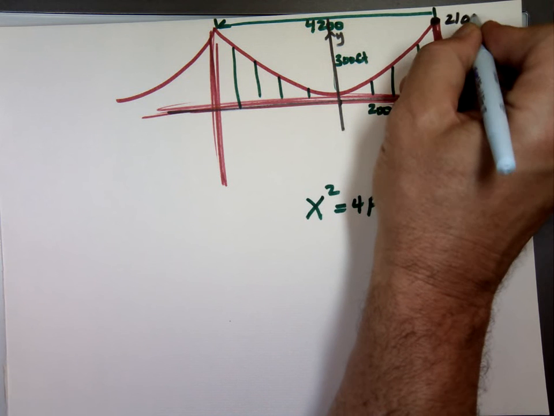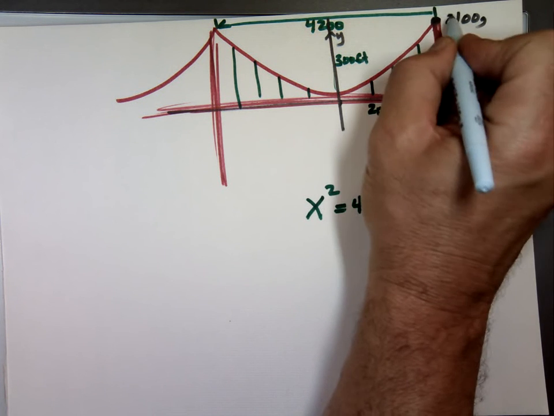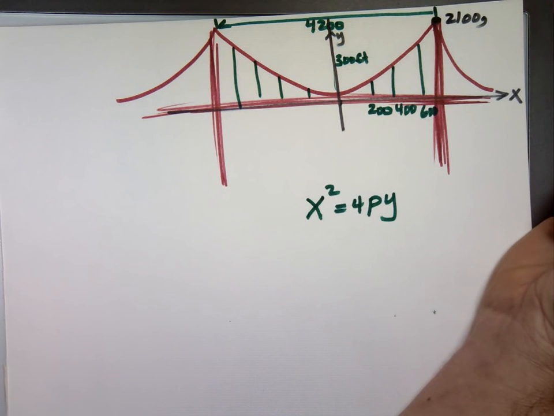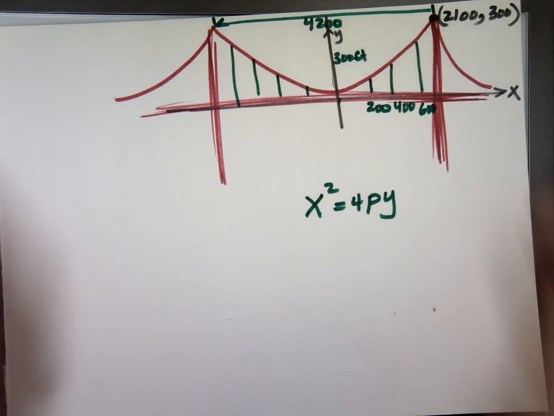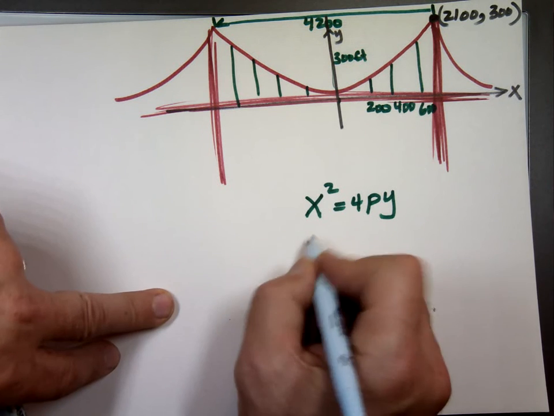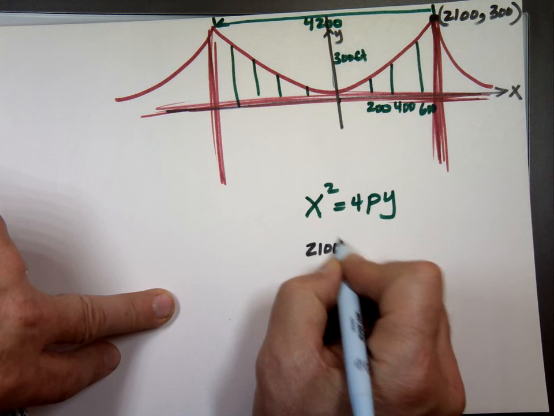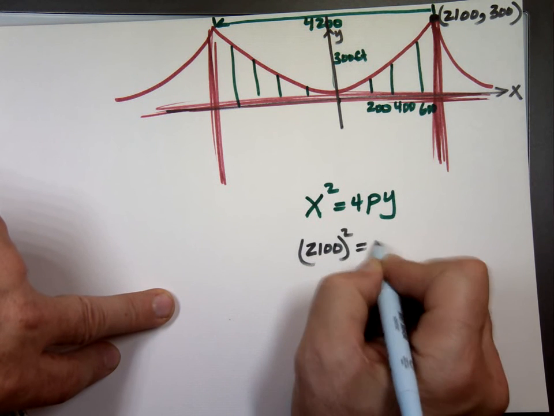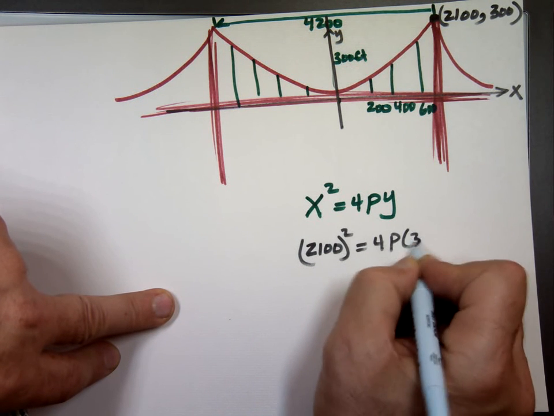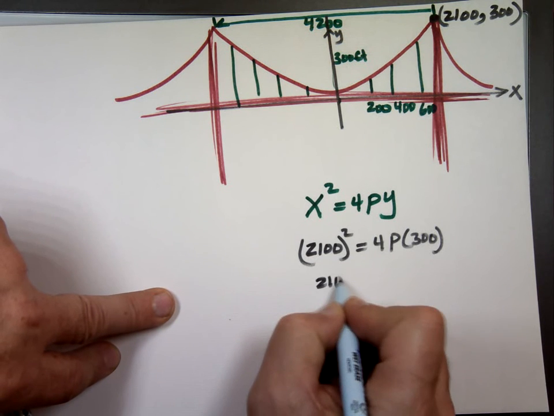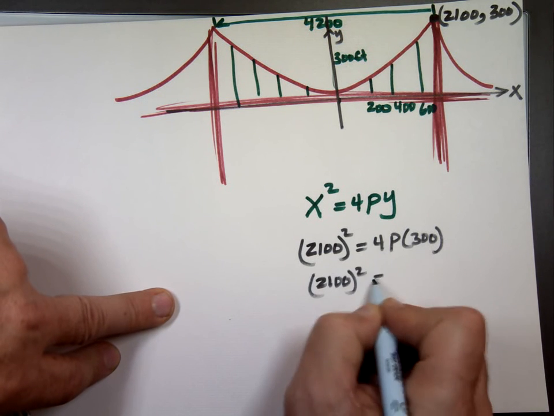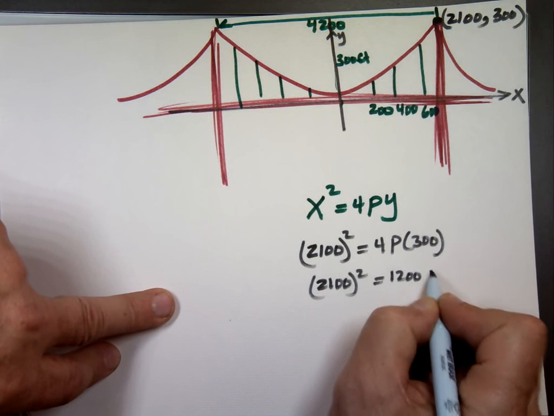And what's the y value? 300. So plug it in. x is 2100, y is 300. 2100 squared equals what? 1200p. What is p equal to?